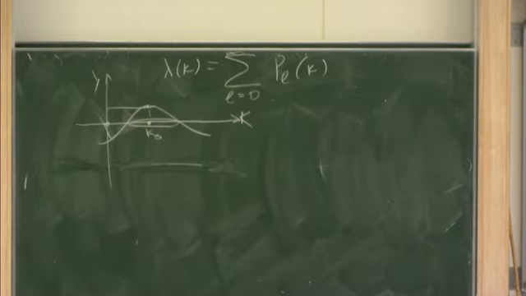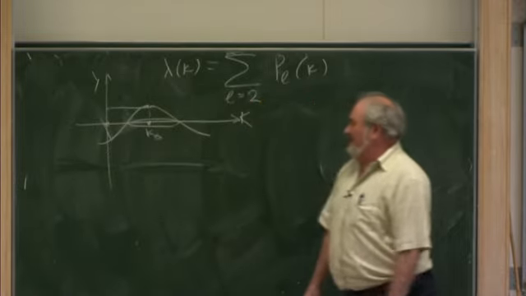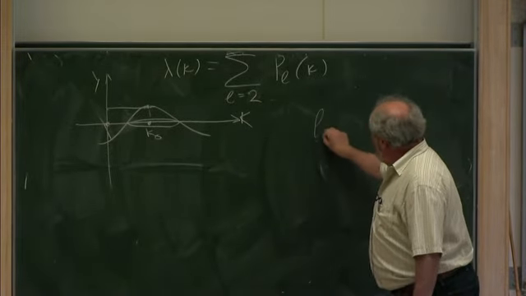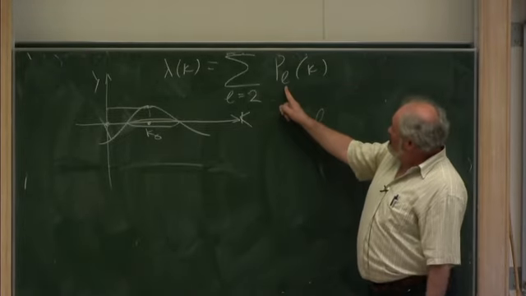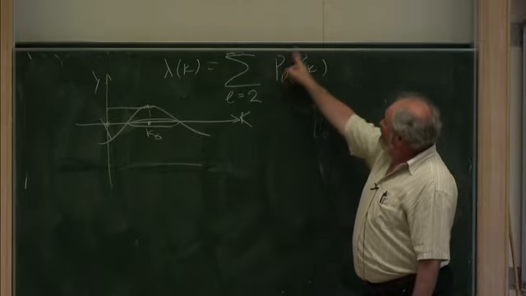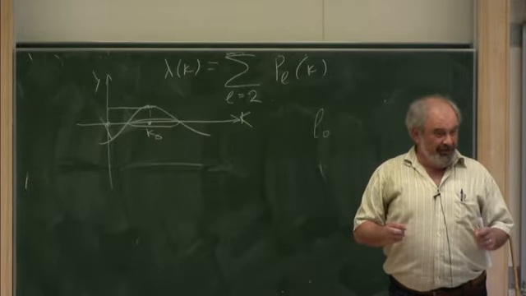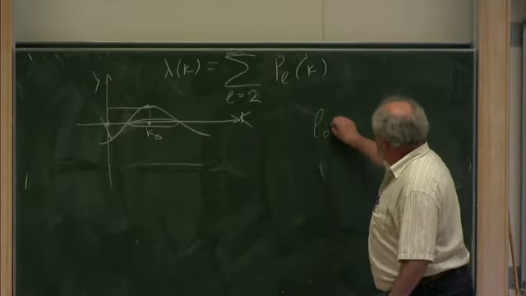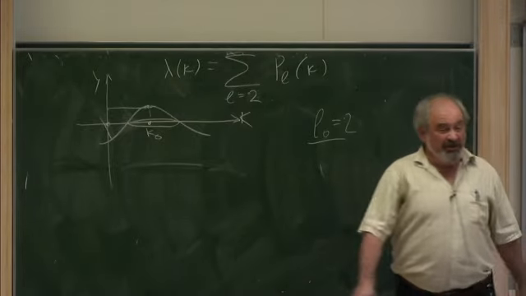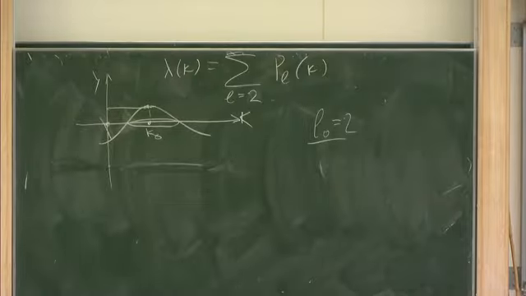Its critical points, the derivatives drop, so it's essentially 2 and further. Now let's take L naught as the lowest degree for which this polynomial is not 0. I'm not saying non-degenerate, just not 0. For instance, L naught equals 2 doesn't mean that it's a non-degenerate extreme. It could be degenerate in some directions.